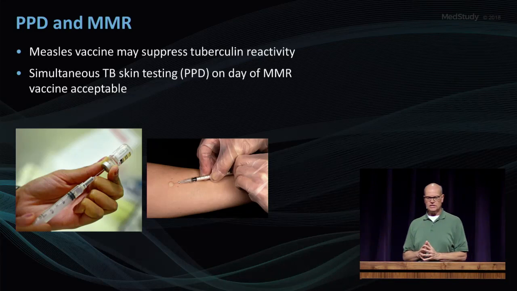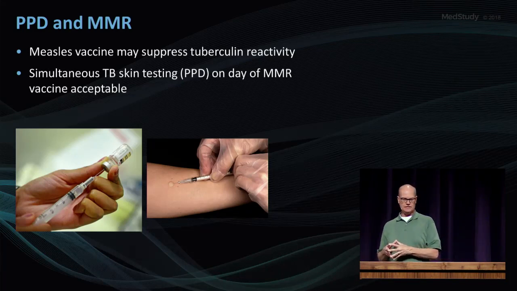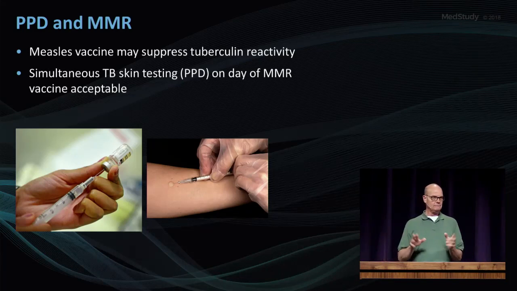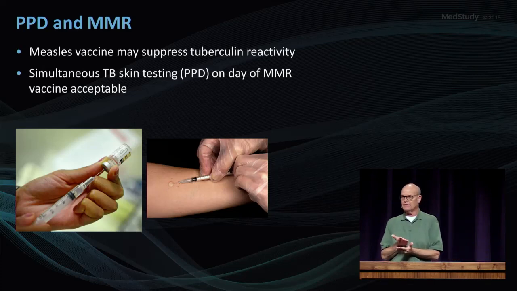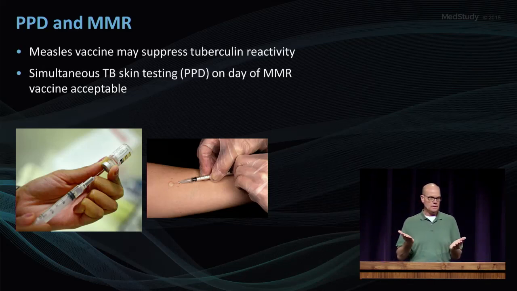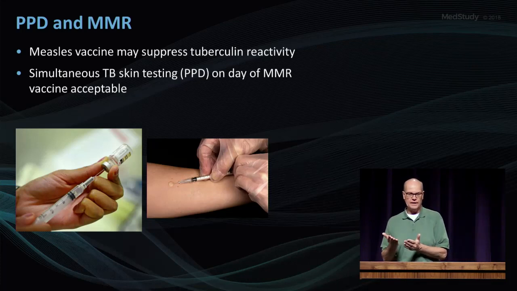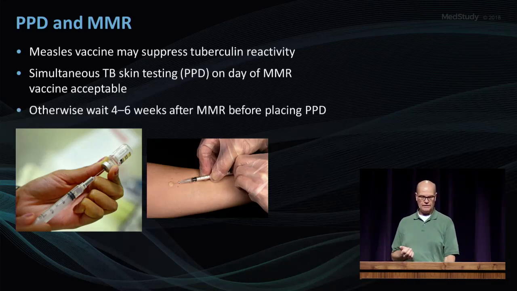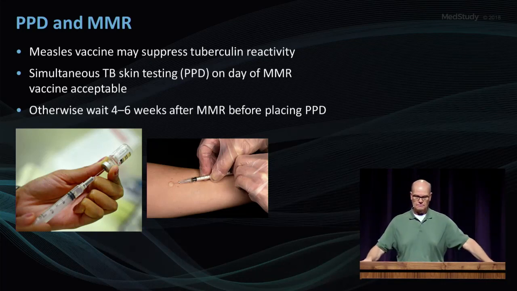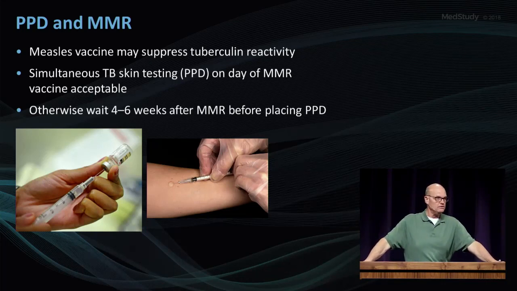Also, measles vaccine may suppress tuberculin reactivity. So you can, again, just like you can give the live vaccines the same day, administer TB skin testing and MMR on the same day, but if not, then you have to delay by 4 to 6 weeks before placing the PPD.